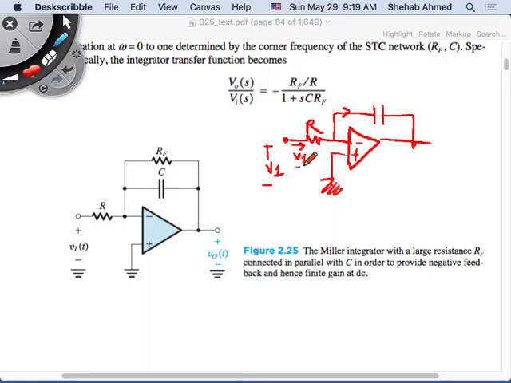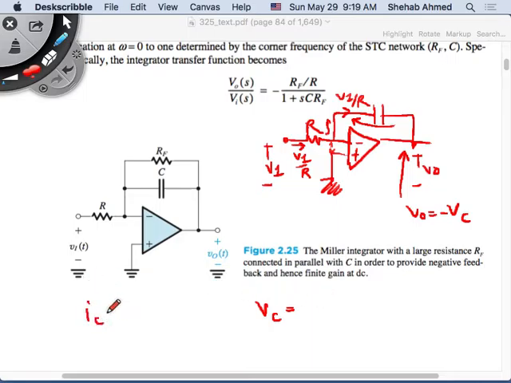VI divided by R. So VI divided by R is also flowing here. V output, current flowing this way, so the voltage drop across the capacitor is in the opposite direction. This plus this equals 0 because I have feedback, and the difference between these two nodes is 0, right? So V output is equal to minus VC.